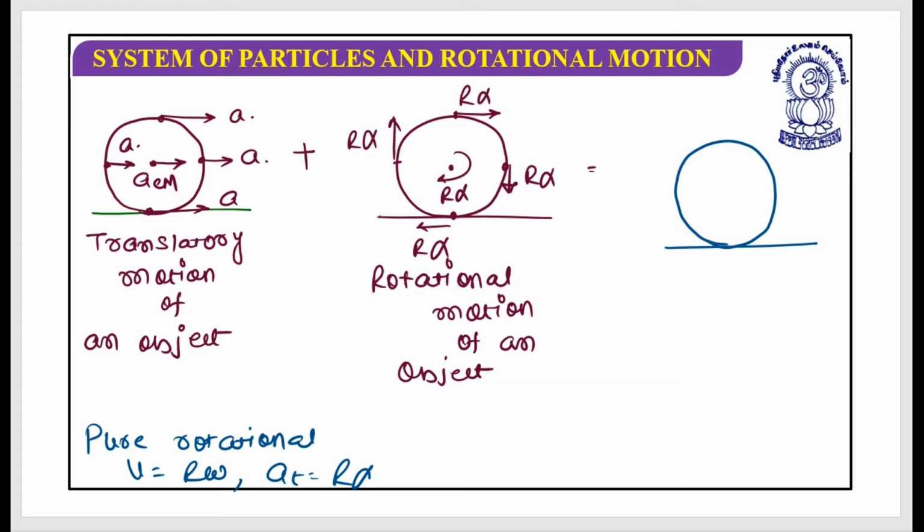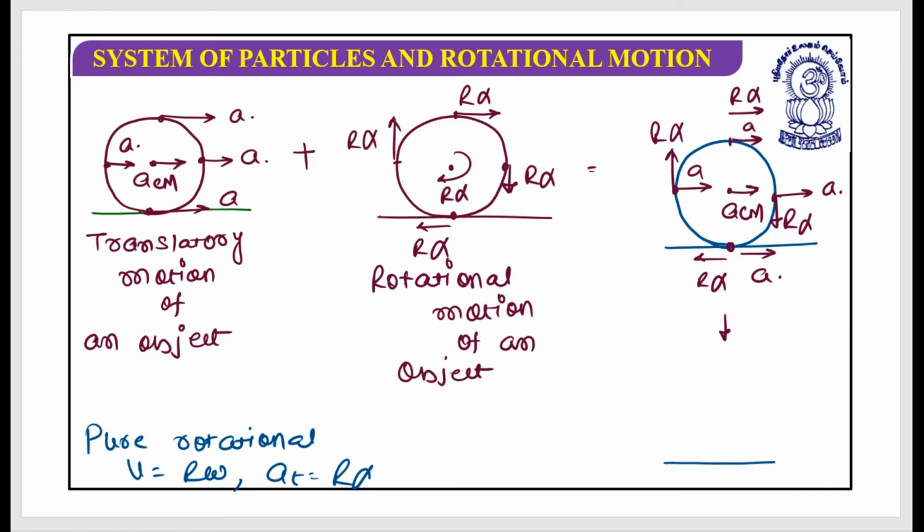So we can write this as A, this is r alpha, this is A, this is r alpha, and this center is moving with the acceleration of A_CM. If the situation is something like this and I do the vector addition, then I will have something like this.